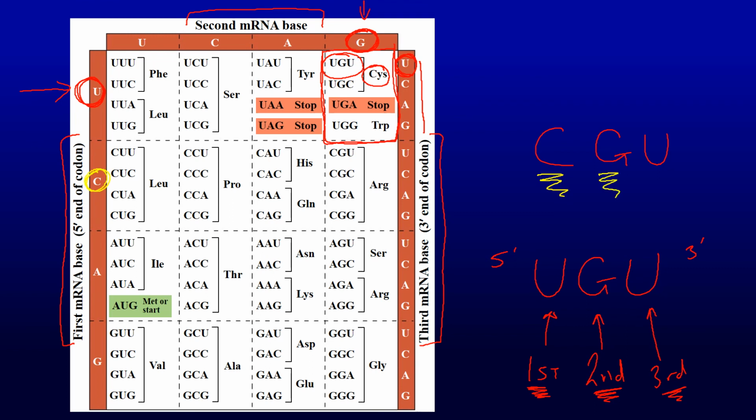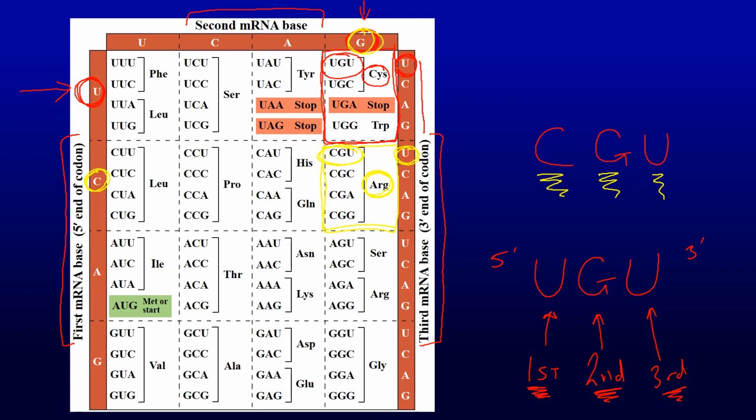Our second one is G, and that would be over here. And so that puts us in this box here. Okay. And our last one is U, which would put us just here. So there you go. CGU, and that gives us arginine.